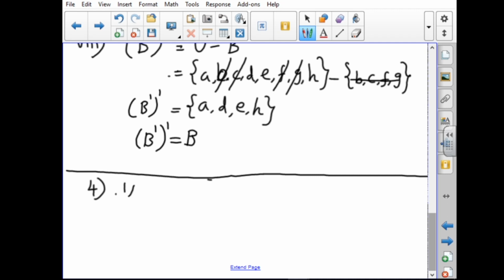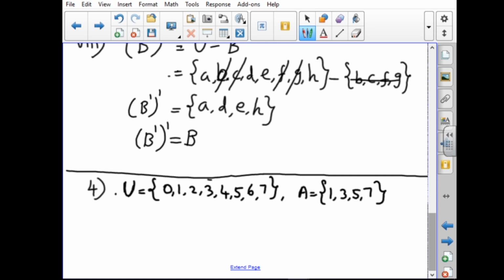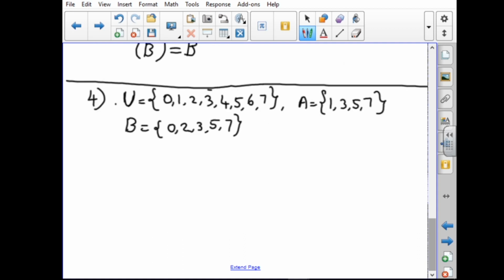First one, the universal set is equal to 0, 1, 2, 3, 4, 5, 6, 7. Then A is equal to 1, 3, 5, 7. Then B is equal to 0, 2, 3, 5, 7. So we should find A dash.